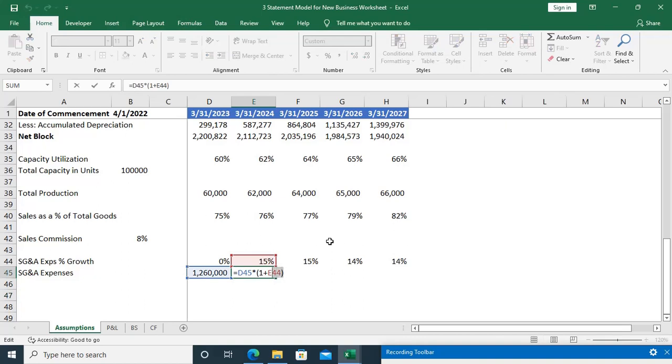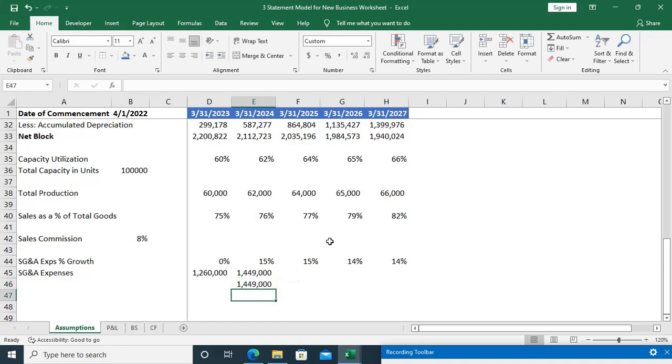If you decode this part as I taught you, if you press Shift F9, okay, it is not showing the decoding, but what has actually happened is equal to 12,60,000 into 115 divided by 100. So this is what has actually happened here.